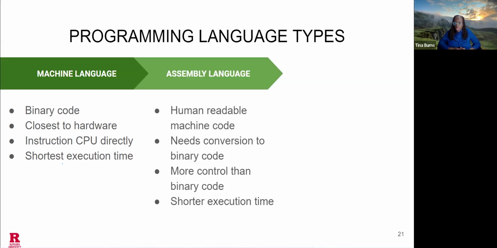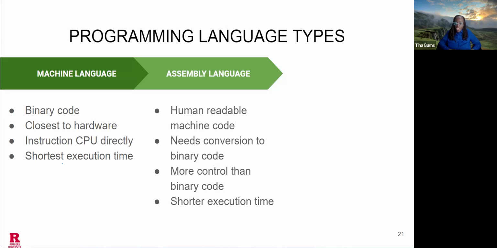Your second level language, or the next level up, is called your assembly language, right? We don't read in ones and zeros because it's just daunting. It's a lot of information. So there is something called assembly language, which was developed, which is more of a human readable machine code. Some of it might be hexadecimal with some minor commands that allow you to read the information a little bit more clearly than you would in binary code.